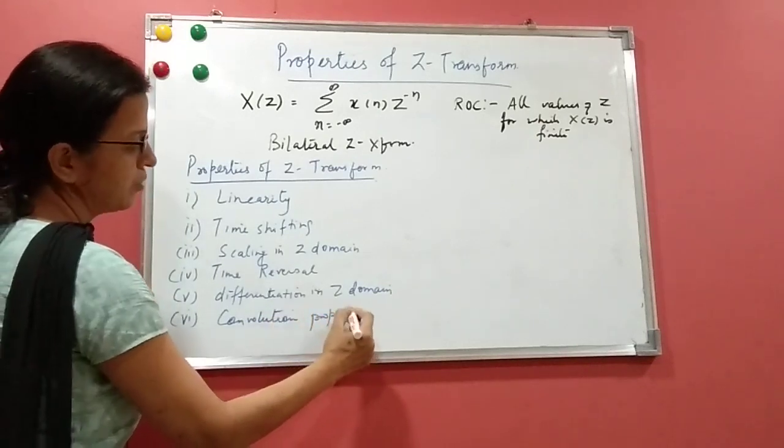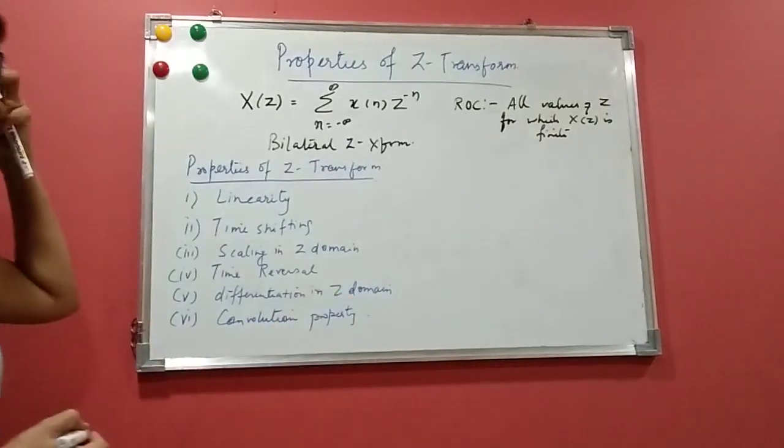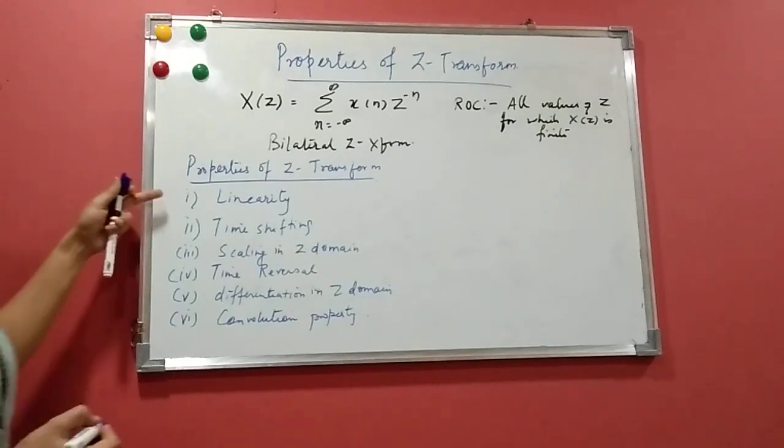These six are the important properties of Z transform, and we'll start with linearity.